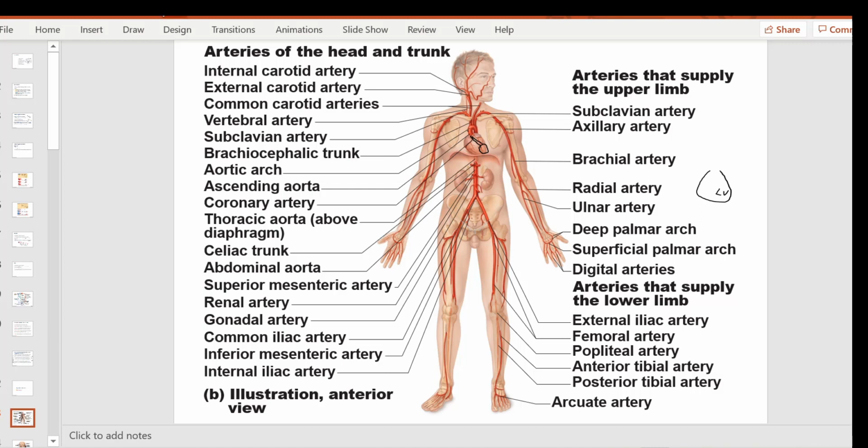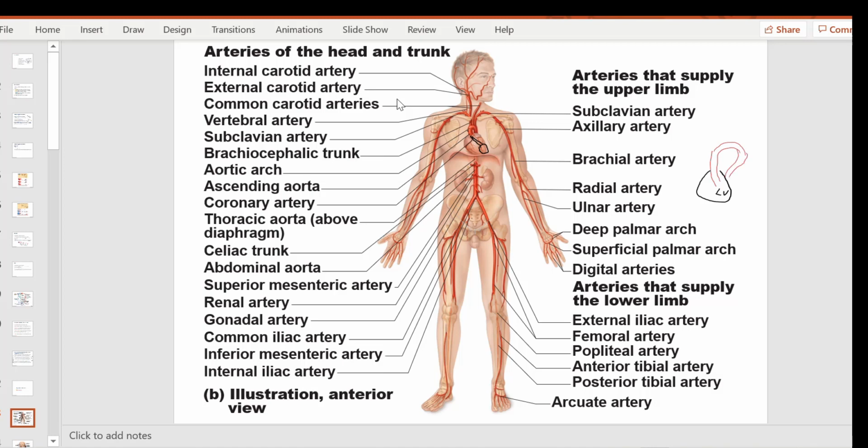From here, the large artery that receives the blood is the aorta, and this is the ascending aorta, the first part of the aorta. Then the second part is the aortic arch, and then the third part is the descending aorta.